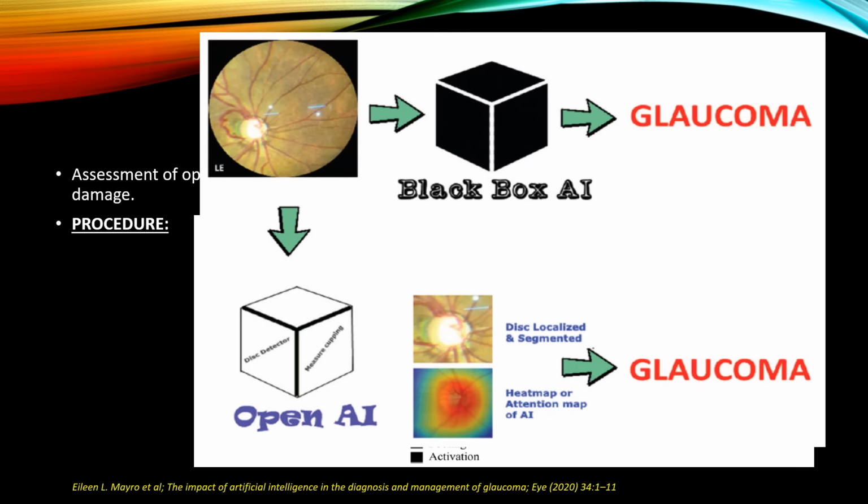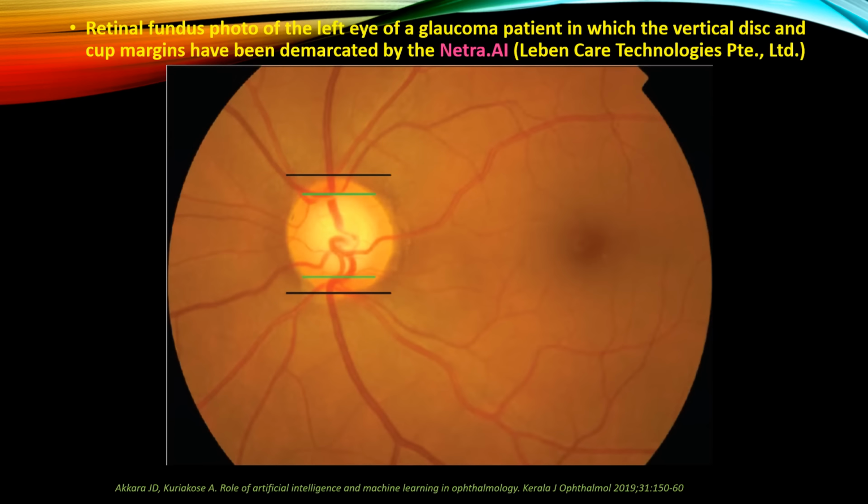That is, we know that the disc is being localized and segmented, or we have a number of heat maps or attention maps of AI, and we are processing them, and then we are finally coming up with a diagnosis. So yes, it is always better to have an open AI system, which helps us to know which parameters were analyzed and helped us to come up with the diagnosis.